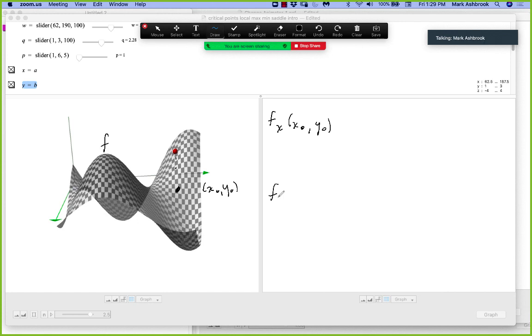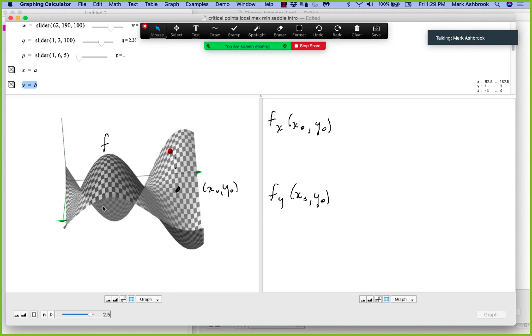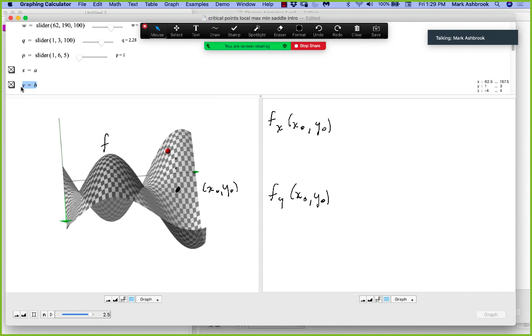And the partial with respect to y at x naught, y naught. So x first. What could you say about the partial with respect to x at this point? What do you think? It's negative. We have a vote for negative. Great. Negative. I second.